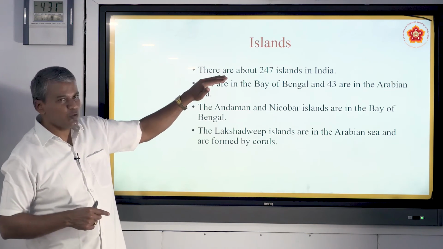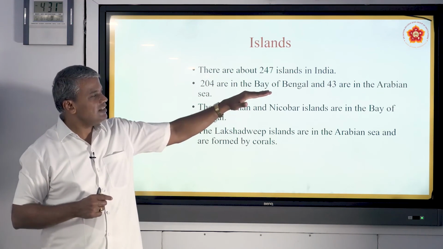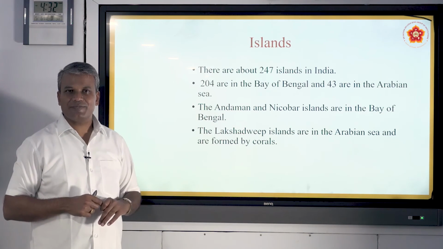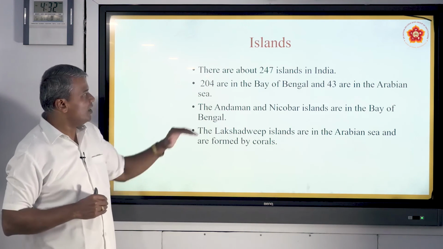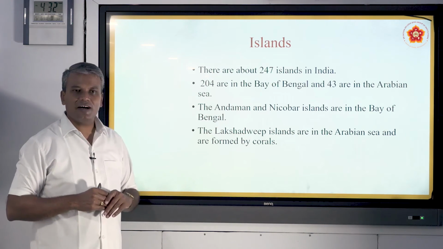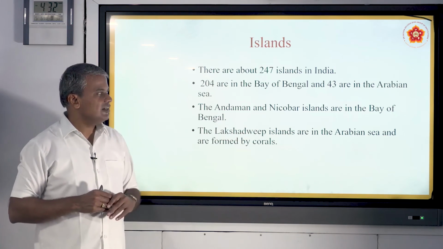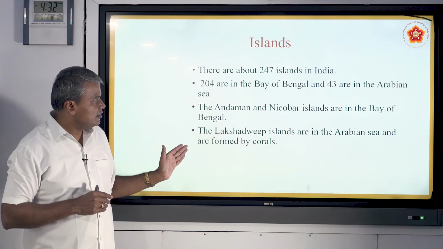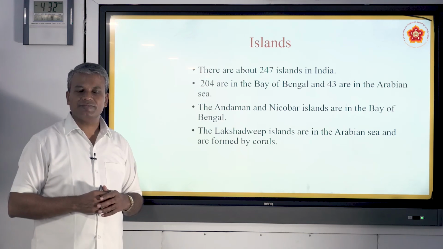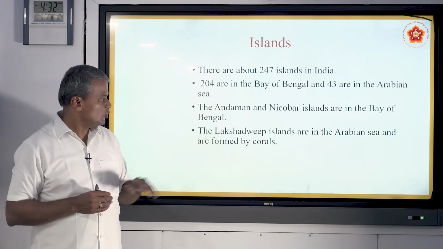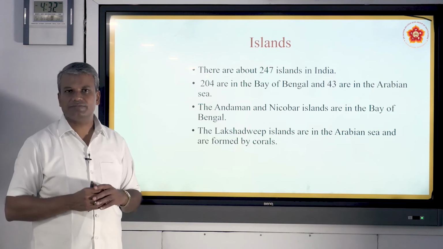Out of this 247, 204 are in the Bay of Bengal and 43 in the Arabian Sea. The Andaman and Nicobar Islands are located in the Bay of Bengal, and the Lakshadweep Islands are in the Arabian Sea and are formed by corals, called coral polyps.